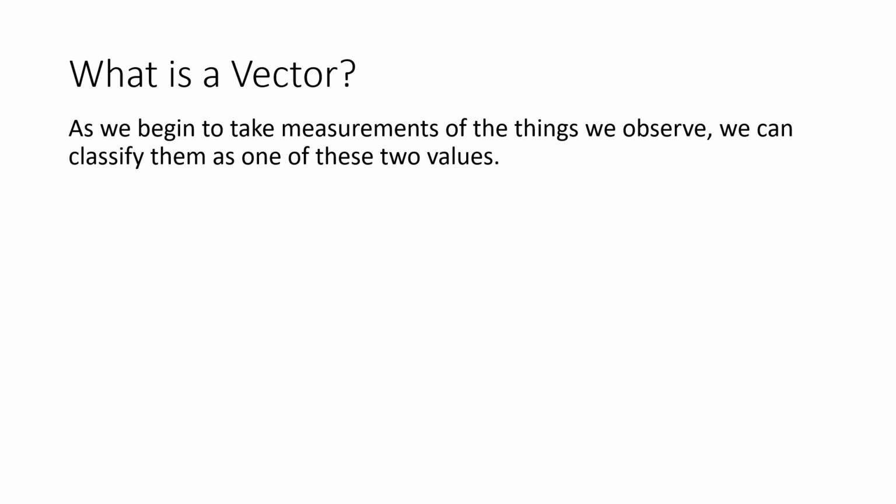If I go outside and take a measurement of something, maybe I measure a building or a road or whatever, I could classify it as one of two things. It can either be a scalar quantity or a vector quantity. A scalar quantity is just a magnitude. So I'm going to write down magnitude.